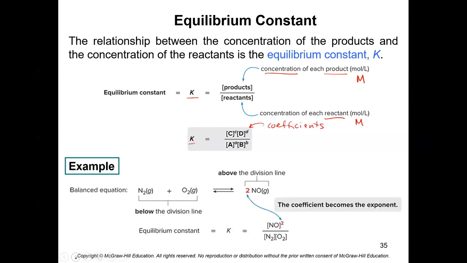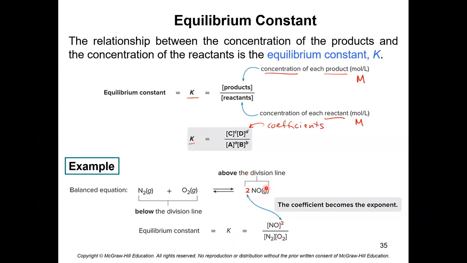So let's say you have this reaction, nitrogen and oxygen, and they combine to make nitrogen monoxide. Okay. Well, first I recognize that there's a double arrow here. This is letting me know that this is actually a reversible reaction. And because it's a reversible reaction, I can write an equilibrium constant. That constant is down here, it's capital K, and that is just products over reactants.